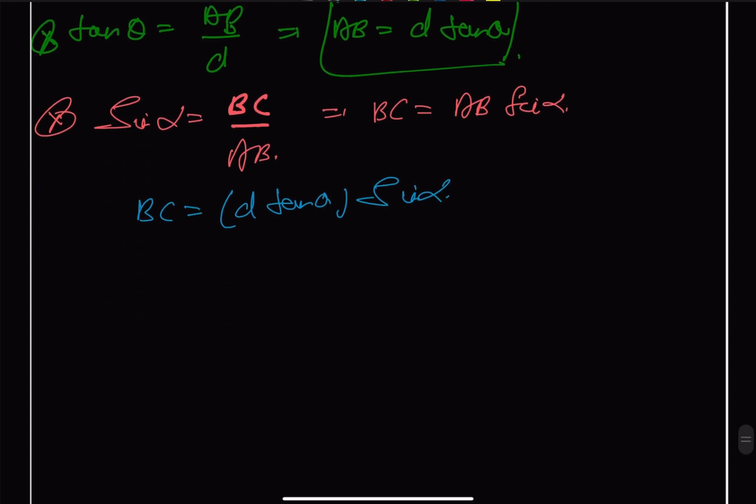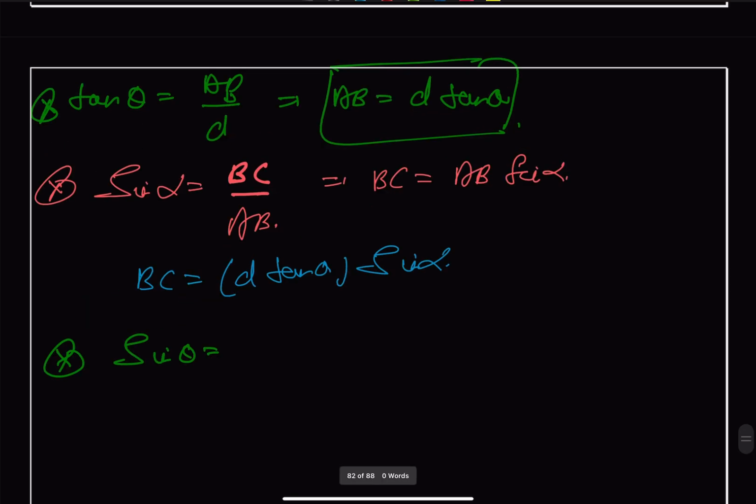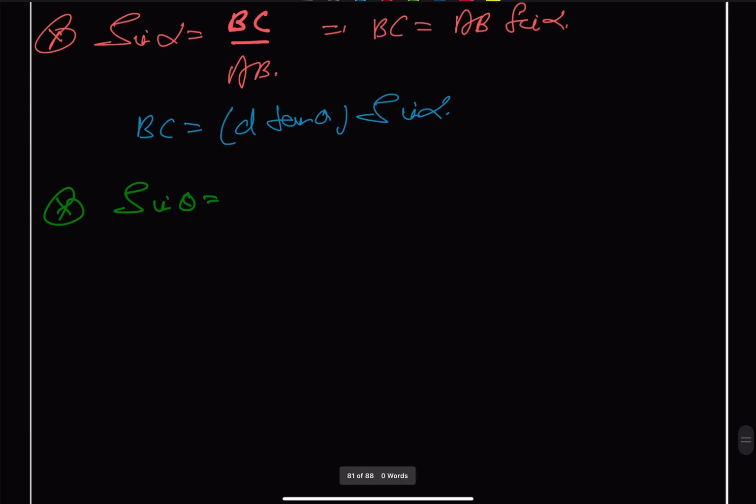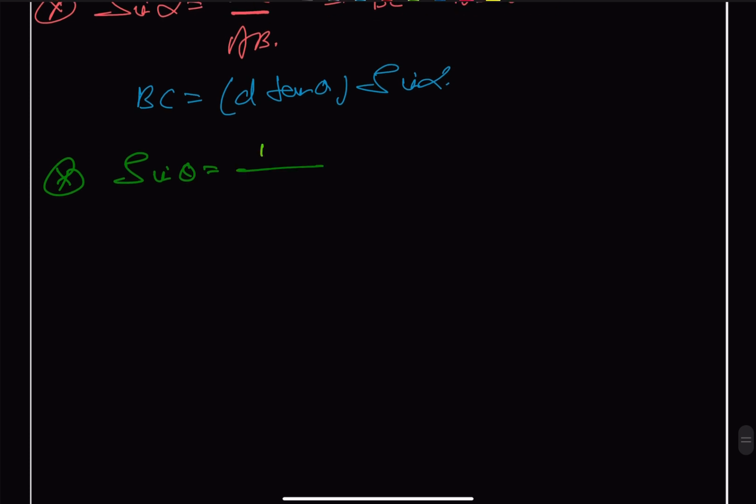Similarly, we can write that sine of theta will be equal to AD divided by AB.